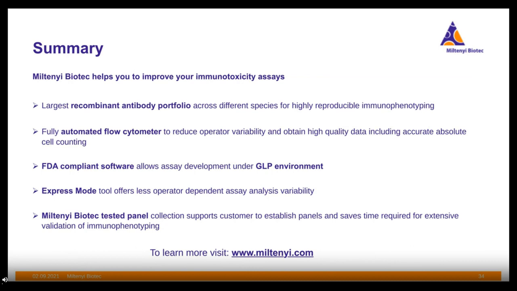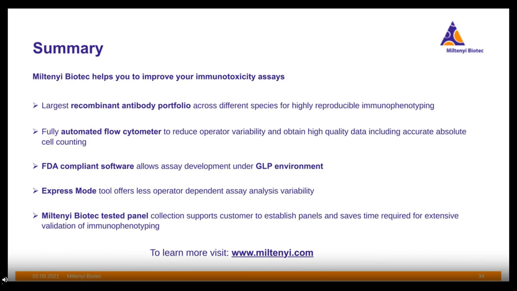Here, I would like to highlight the summary that, of course, standardization of assays is very important, and specifically also in immunotoxicity studies, and optimized tools can be used to better support assay standardization.